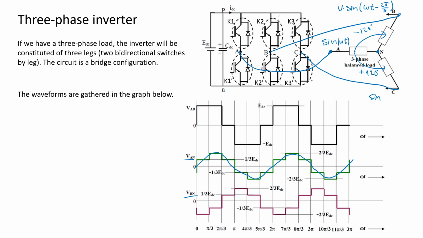We have an amplitude, just call it V. B, just call it V sine omega t plus the phase shift.